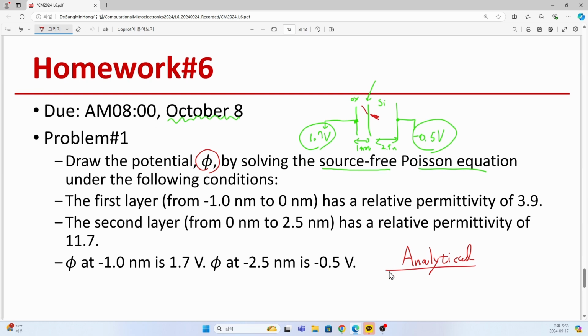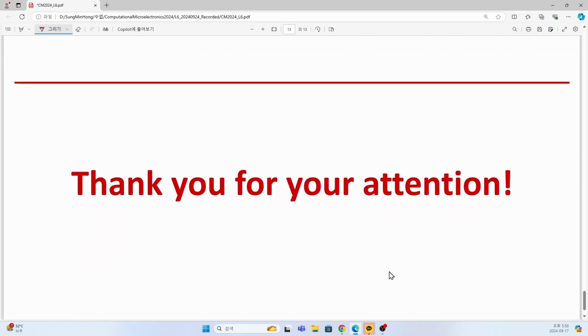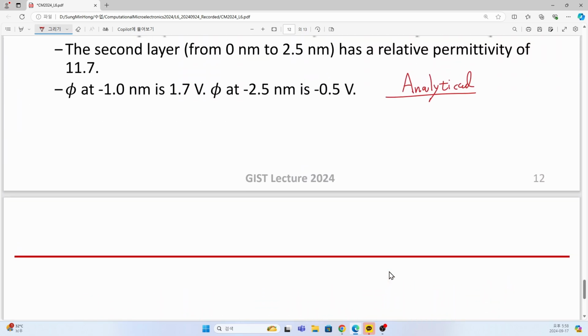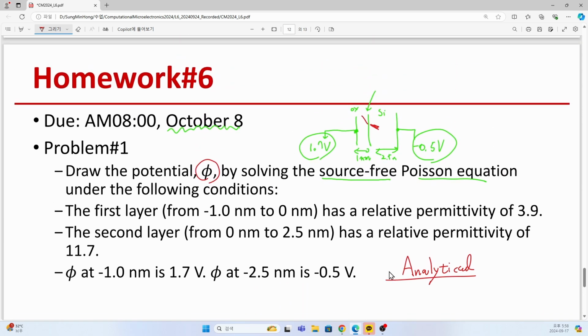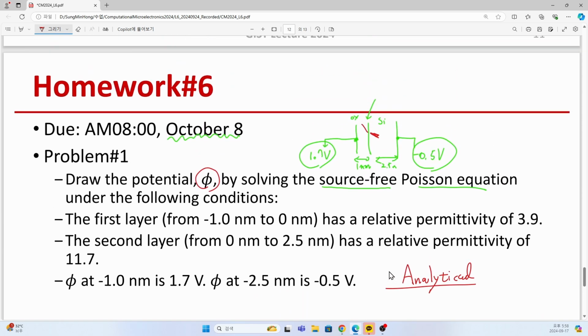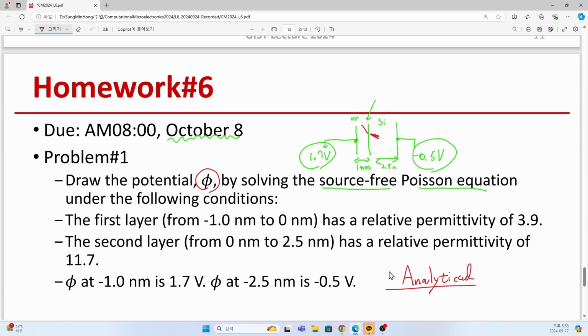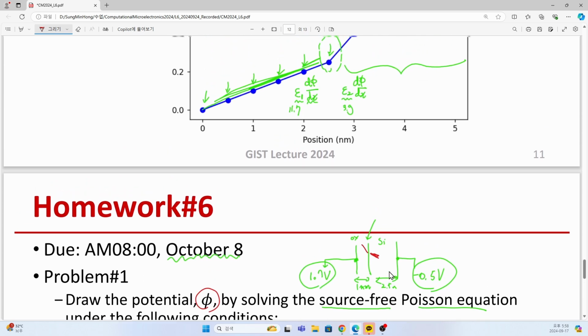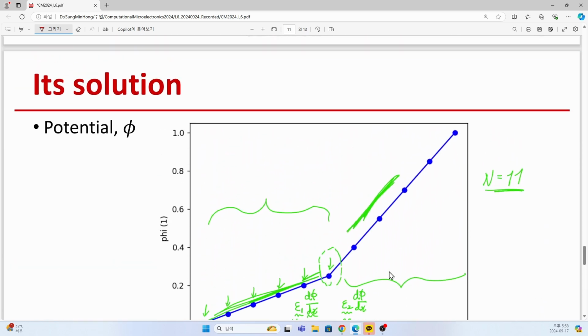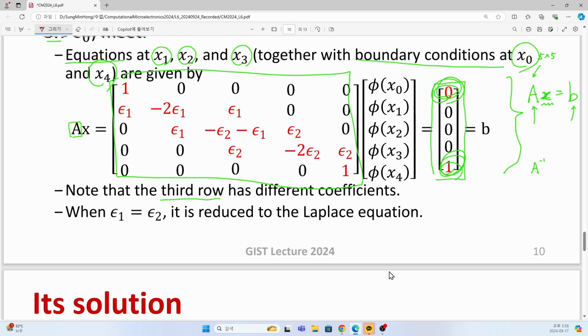Okay, that was all for our lecture number 6. I hope that it was helpful to you. Lecture 6 was the first time you were exposed to the discretization of real space. However, in my opinion, there is not that much more complicated technique in this course this semester.